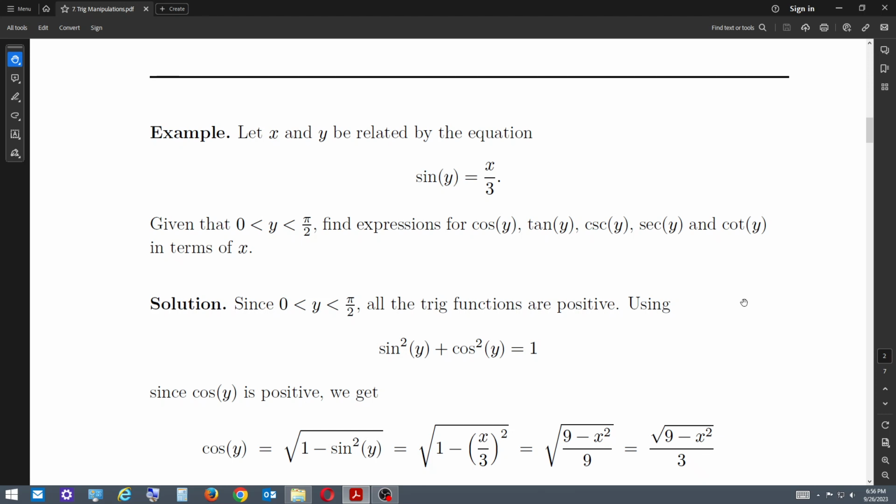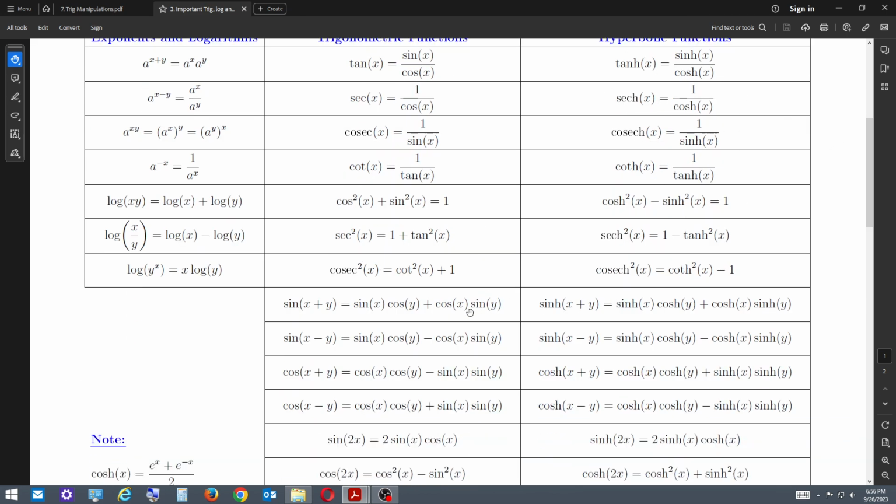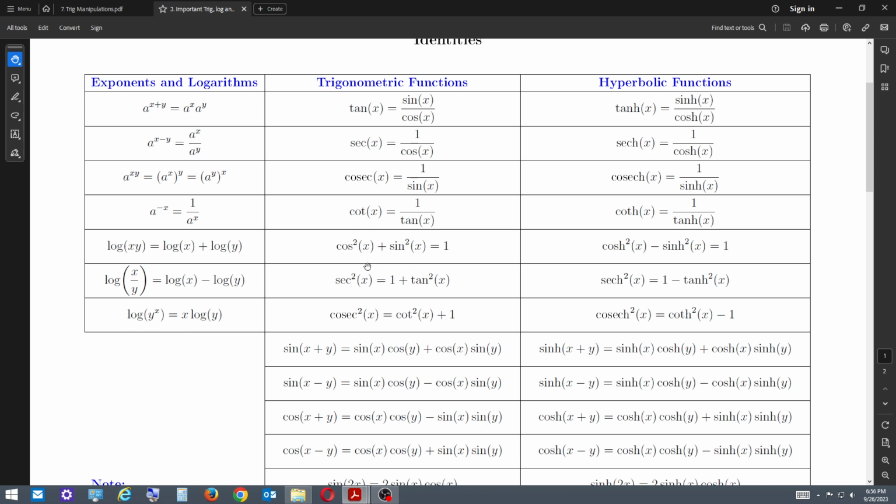Right, so the standard identity, sine squared theta plus cos squared theta is equal to 1, and the corresponding identities for the others. Here in this identity sheet, you can see some of the identities that I'm referring to. So cos squared x or theta, whatever it is, plus sine squared x is equal to 1. We have two other identities here, which are also pretty useful when we will be doing this.